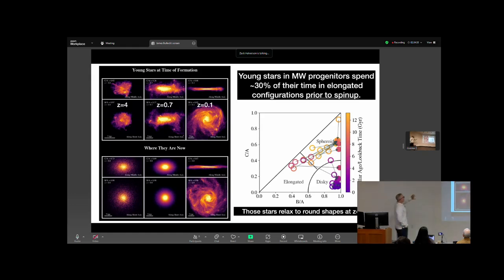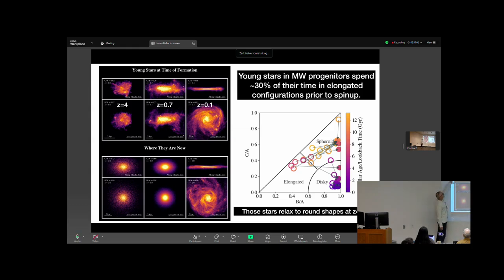So, here are some pictures showing that. Here's a snapshot of young stars, where in the middle here is Z of 0.7. This is where these stars are today. So you're looking at the pickle edge on, and then from the other edge here, so it's sort of rotated like this. You're looking at the pickle like this. Now you look at it from the same two angles, it looks much rounder. Of course, the stars that formed in a disk are still in a disk.